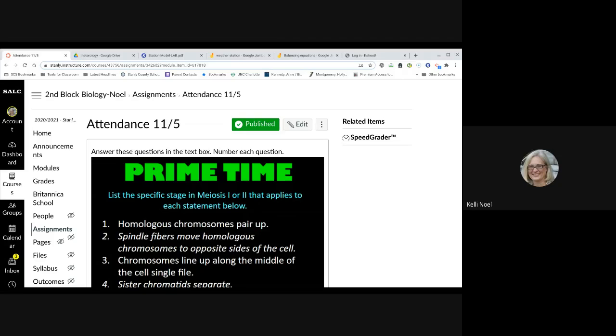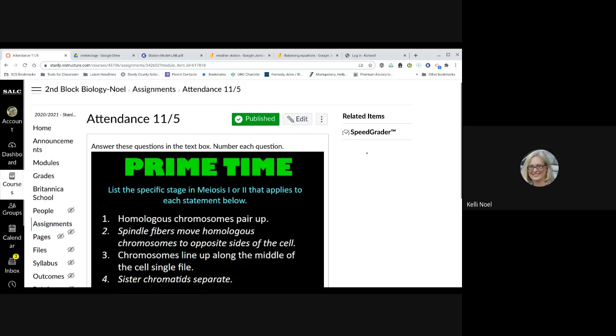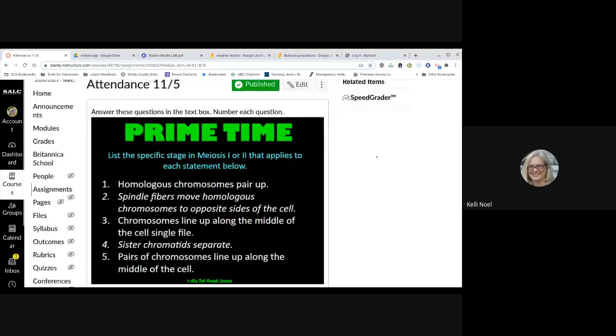Let's see. Sister chromatids separate. All right, so we've got chromosomes that are lined up in the middle. That's what we just said here. Each one of these is a chromatid.